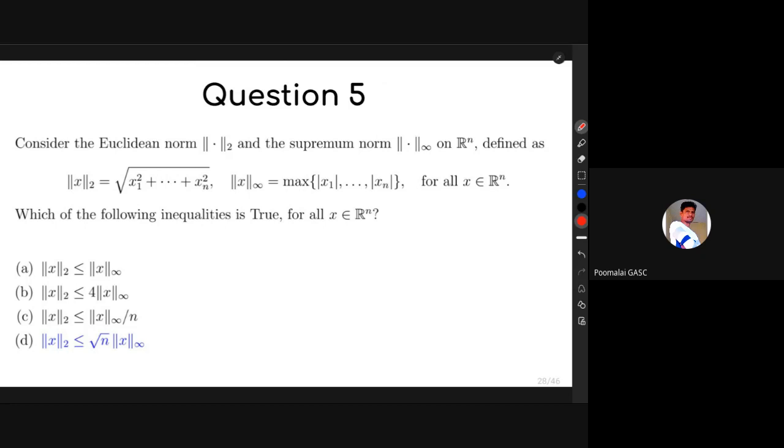The definitions are given in this question itself, so I will discuss these definitions as well, what we mean by them and how to understand them, and then we will move on to this question involving the inequalities of these two norms.